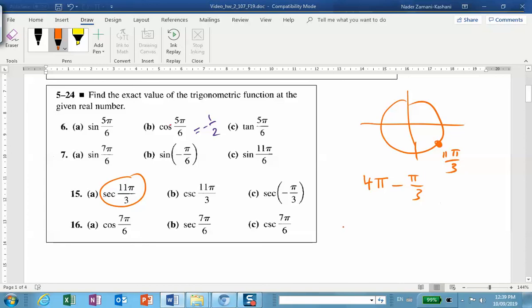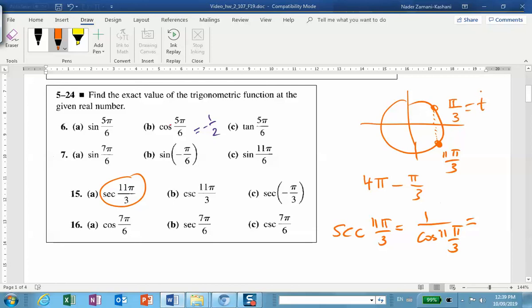First of all, what is it that you want to find? You want to find the secant of 11 pi over 3. Well, first of all, we have to know what it means. It means 1 over cosine of 11 pi over 3. That's what secant is, okay? And what is the cosine of 11 pi over 3? Well, the reference angle was pi over 3, so it's over here. This is your pi over 3, and this is your reference. I don't want to call it, again, reference angle.